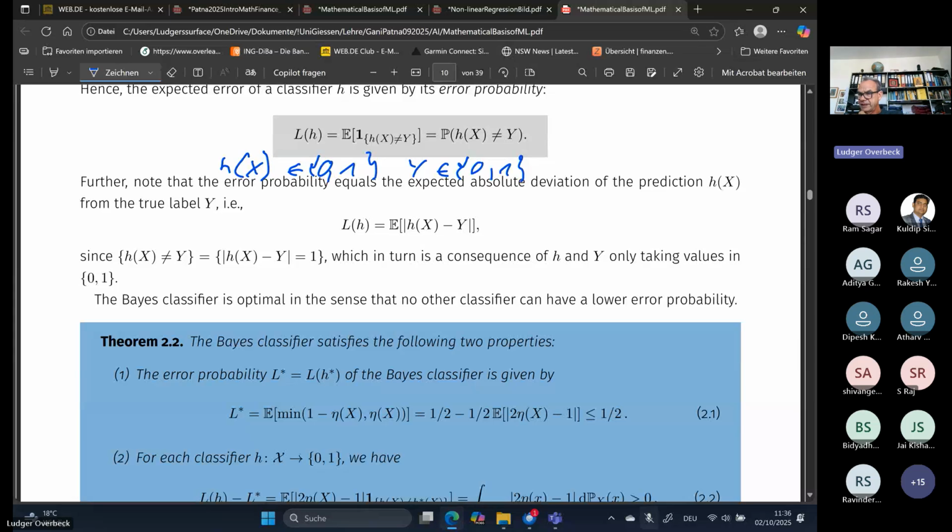So if you calculate this, that's actually the L1 error, in this specific case.